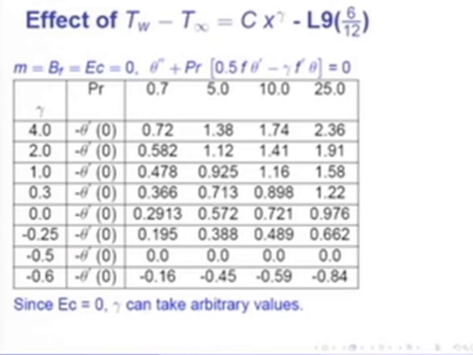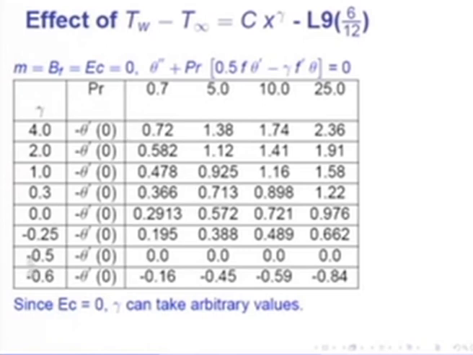When the temperature decreases with x, in fact the heat transfer decreases, and you hit a situation at gamma equal to minus 0.5, where there is absolutely no heat transfer. This is called the adiabatic case. If you reduce gamma still further, then you will actually get negative heat transfer. Although the wall temperature is bigger than the free stream temperature, you will actually get a negative heat transfer.